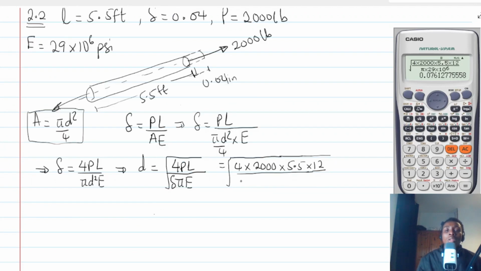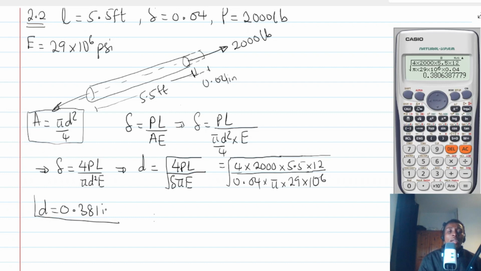The denominator is 0.04, which is the delta, multiplied by pi, and then 29 times 10 to the power 6. So then our diameter is going to be 0.381 inches.